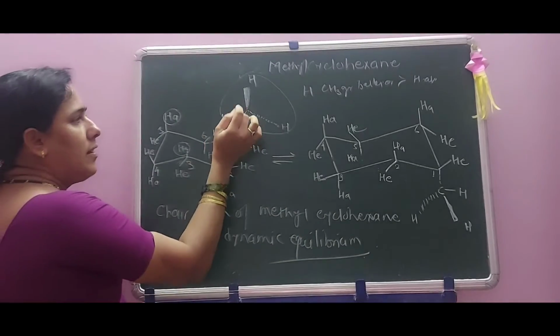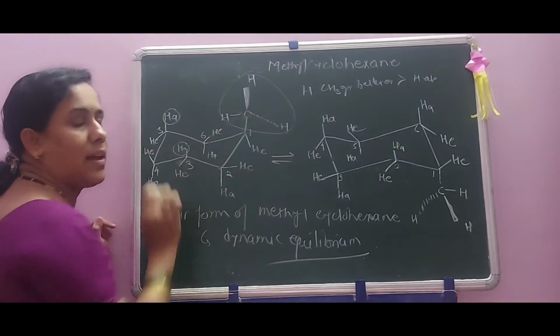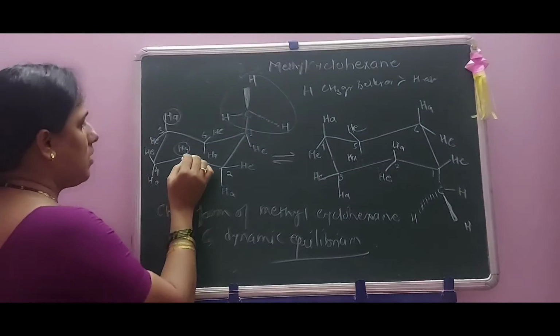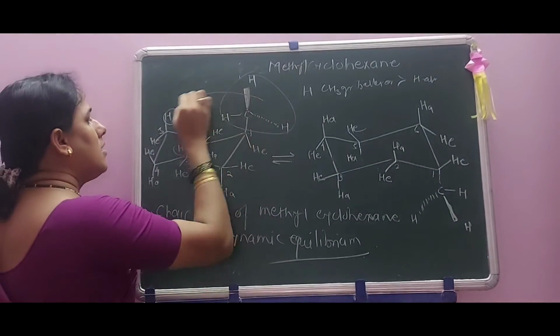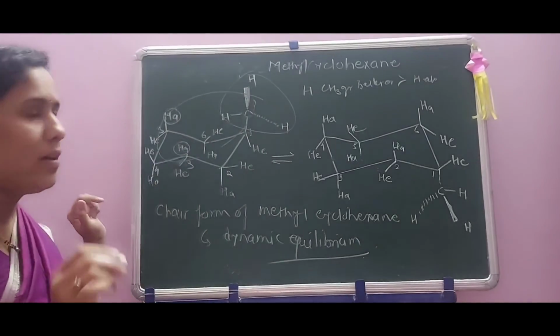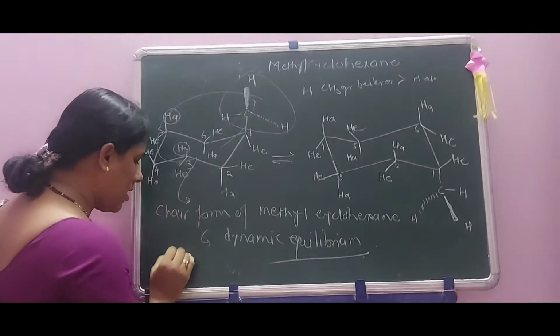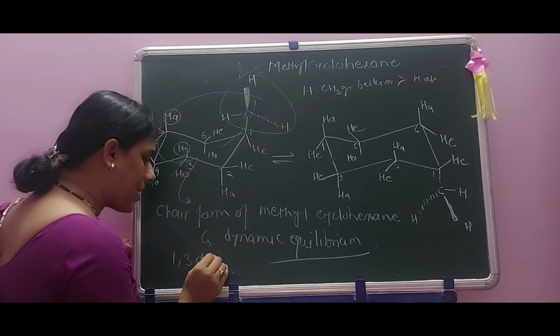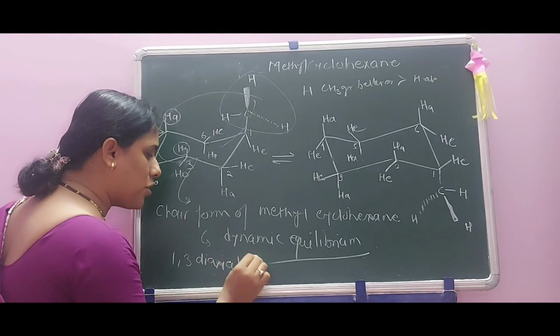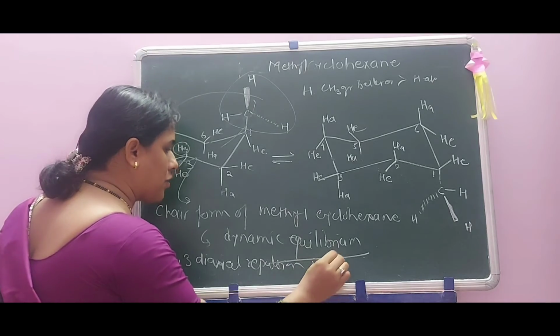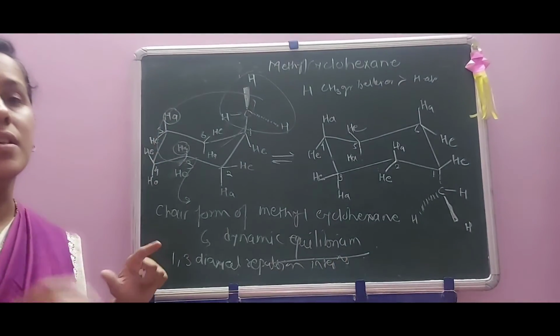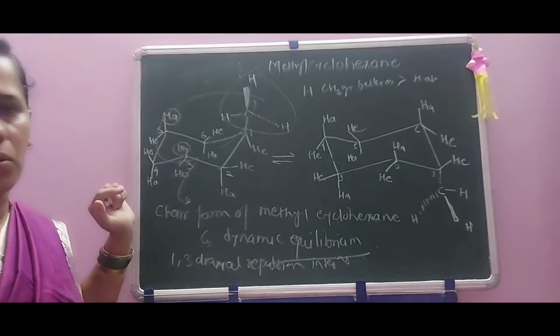Therefore, when this CH3 group is present in an axial position, the hydrogens on carbon 3 and carbon 5 exist in only one plane, which generates 1,3 diaxial repulsion interactions. This causes steric strain in the molecule.